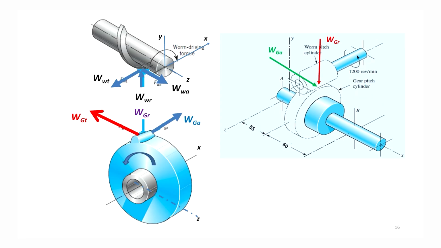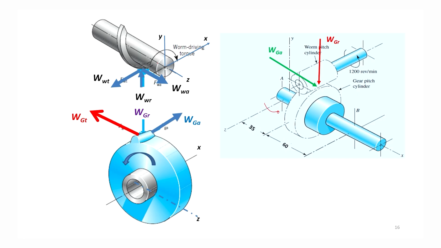All these forces are shown in this figure again by just rotating this system in the plane of zx by 90 degrees. That means about the y-axis this system is rotated 90 degrees and we get this figure.